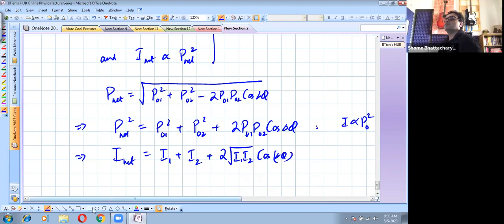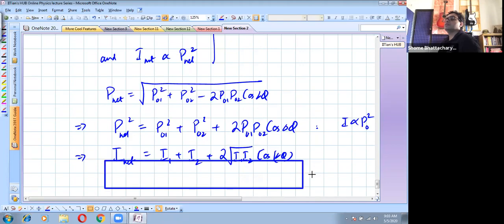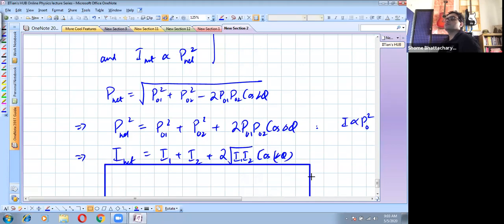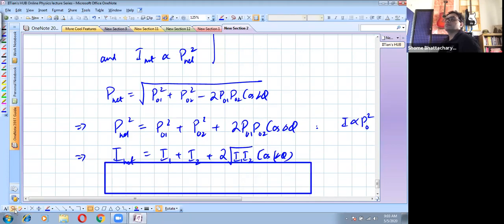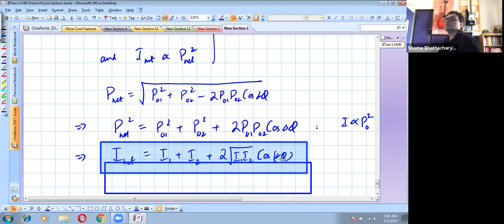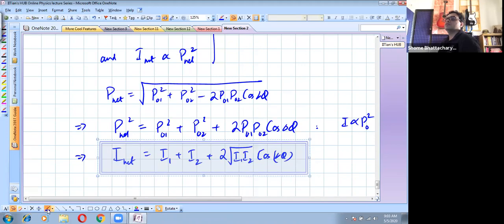So this is an important formula, as I'm sure all of you know. It is used a lot in wave optics and in sound. So this is an extremely useful and important formula.